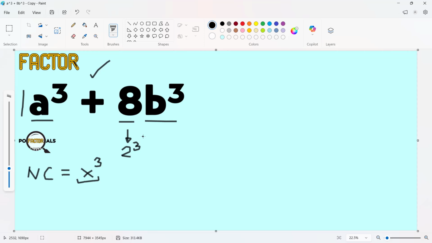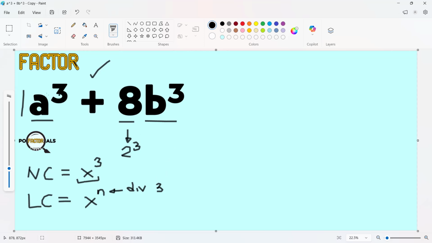Now, it's not enough for us to guarantee that the numerical coefficient be a perfect cube to say that this would be a sum of two cubes, because for the literal coefficient, the identification whether it's a perfect cube is that the literal coefficient is a perfect cube if the exponent, let's say for example here x to the power of n, if this n here is divisible by 3 or a multiple of 3, like 6, 9, 12, and so on and so forth.